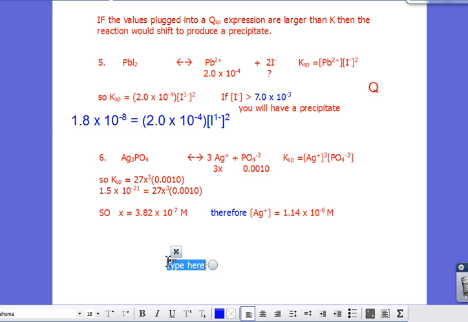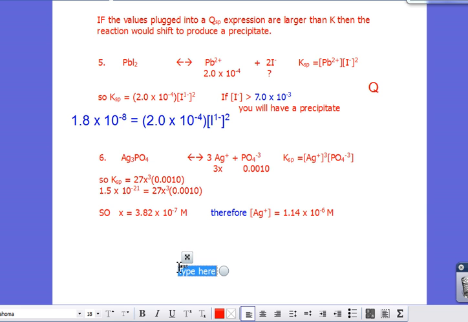Number 6, similar idea. Calculate the maximum possible silver in a phosphate solution. The KSP of silver phosphate is 1.5 times 10 to the minus 21. This one I don't really like the exponents. I accidentally have a 3 in here.